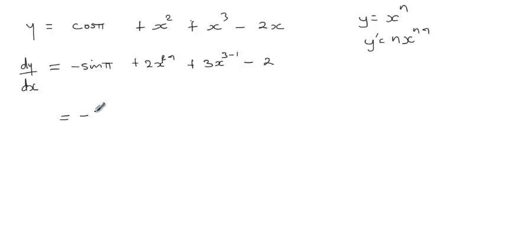Minus sine pi plus 2x plus 3x to the power 2 minus 2. Right. Listen to what I'm saying. I'm now going to ask your colleague to mark this exercise. Yes, Zita, mark this.